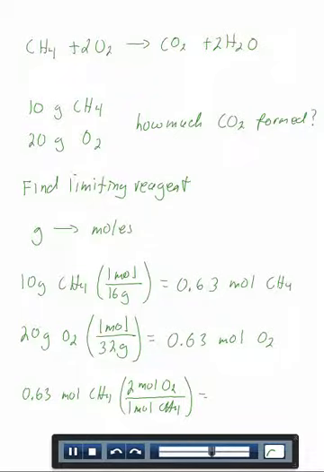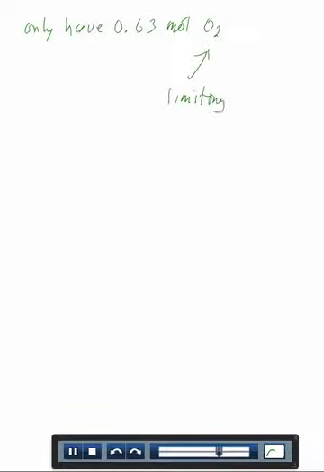That will give me 1.3 moles of oxygen needed. But I only have 0.63 moles of oxygen. So oxygen has to be my limiting reagent because I don't have enough to react with all of the methane.